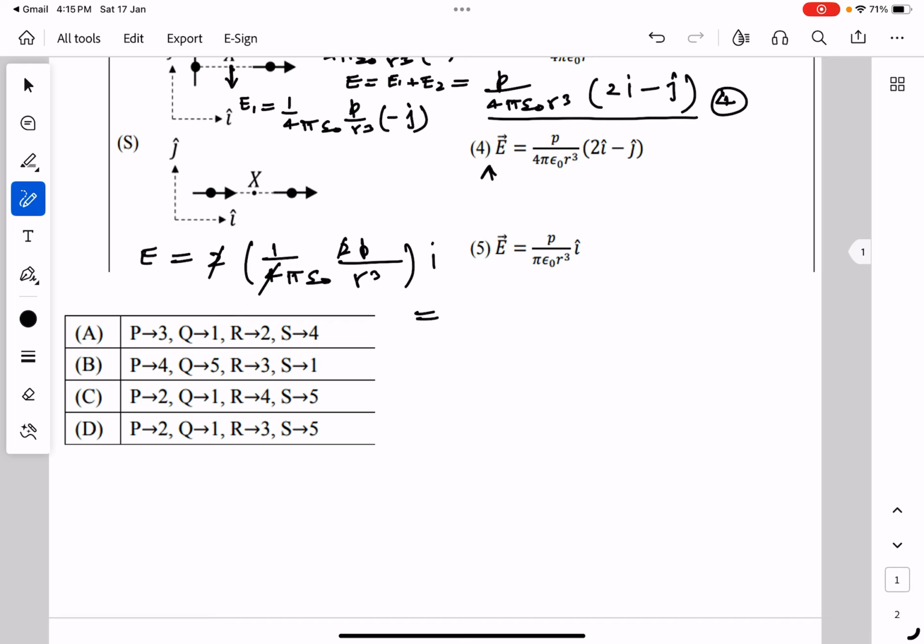This will be equal to p upon pi epsilon naught r cube, and this corresponds to number 5 in the list 2.